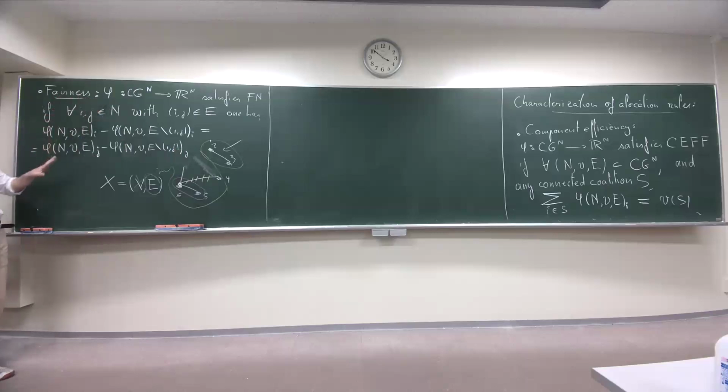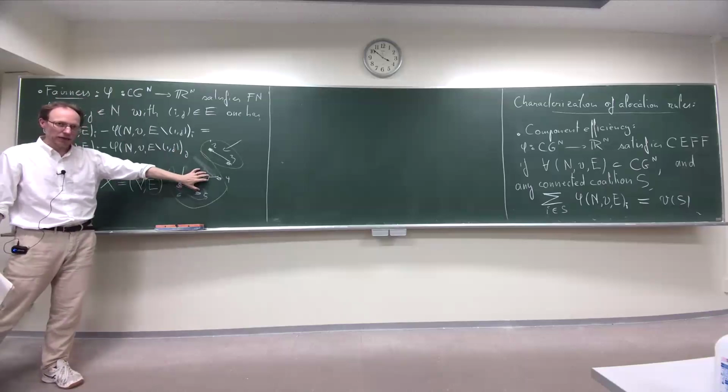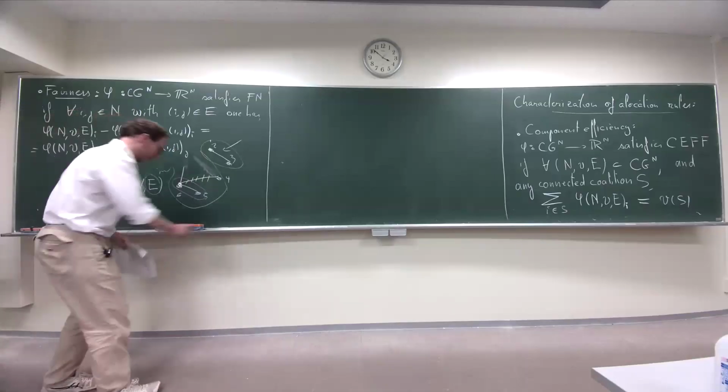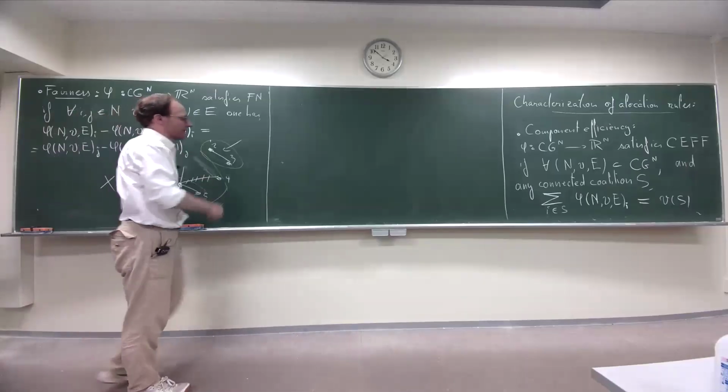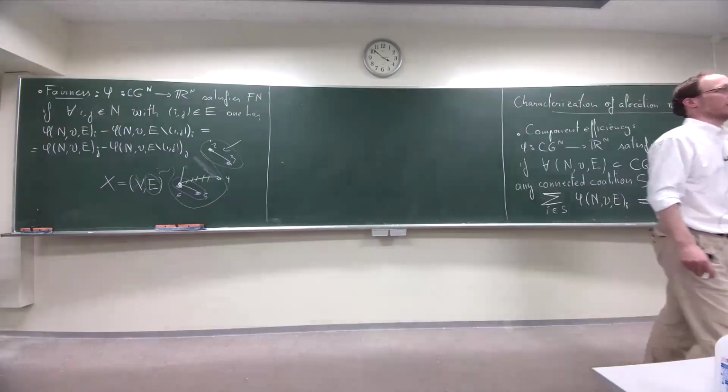This rule is fair if when you remove one edge between I and J, the two players, the difference between what they get with the edge and without this edge is the same. That's the meaning. When you see an equation like this, it's often complicated. Try to get an interpretation.